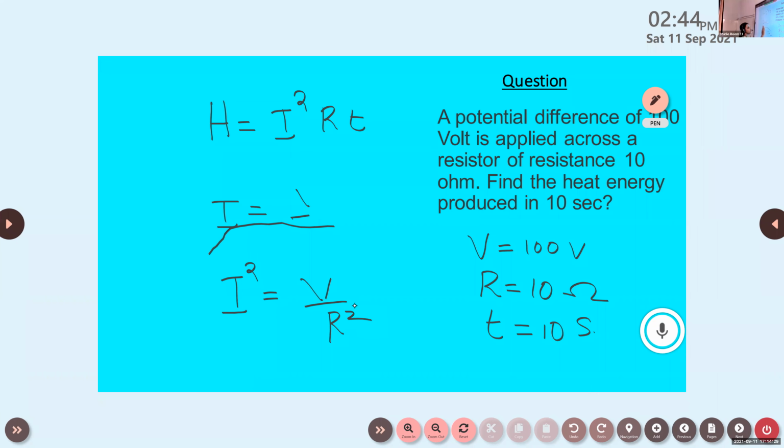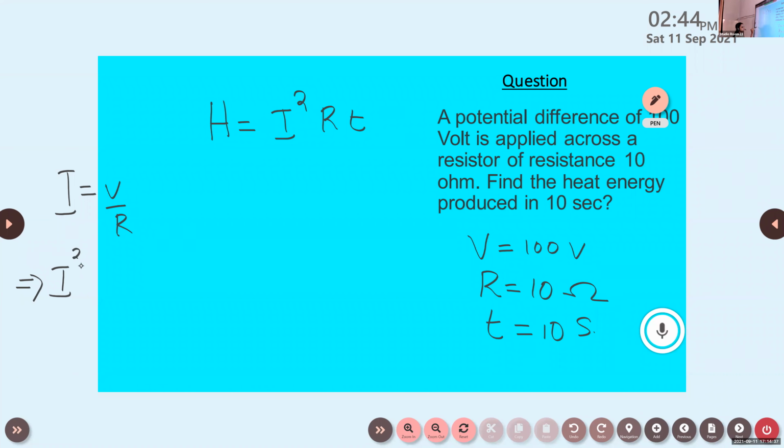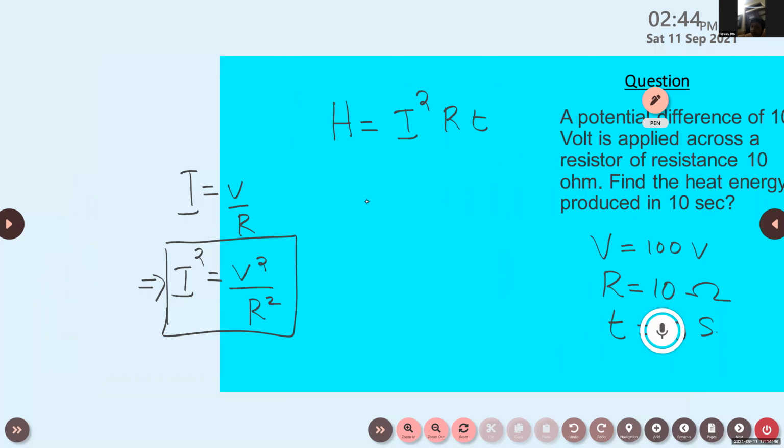Okay, so according to Ohm's law, we know that I is equal to V by R, which implies I square is equal to V square by R square. So I substitute the value of I square here. It becomes H is equal to V square by R square into RT.